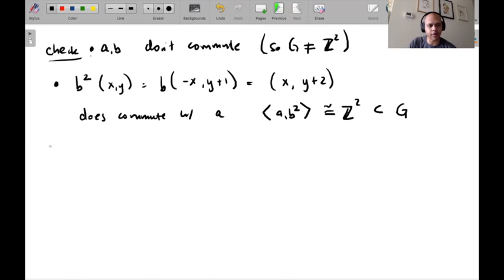Now let's figure out what the quotient is. So let's determine the orbit space.